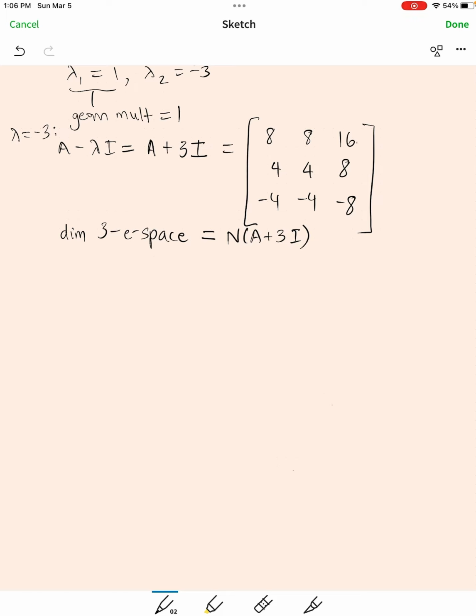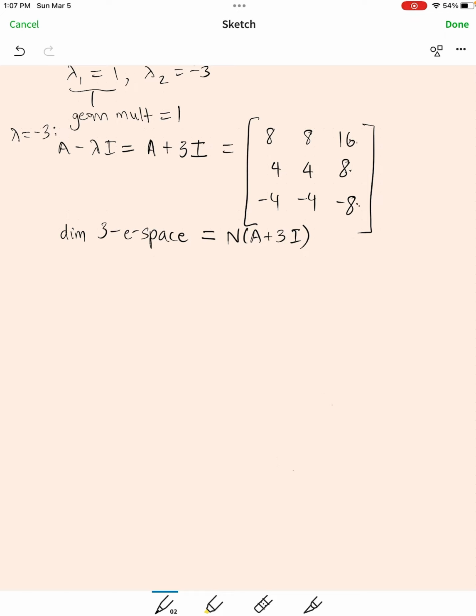Well, I see that these 3 rows are all linear combinations of each other. I mean, yeah, because if you take the second row, the first row is 2 times the second row, and the third row is negative 1 times the second row. I mean, they're all just multiples of the same row.